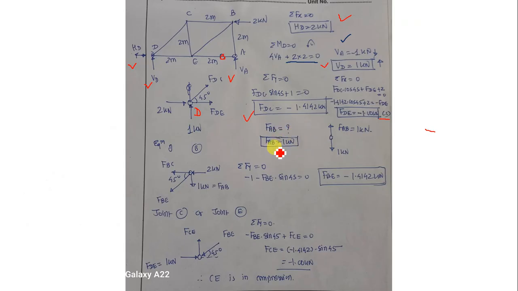To calculate the force in EB we will consider the free body diagram of joint B. So these are the forces acting on B. To satisfy equilibrium, the force in AB must be equal to 1 kilonewton, because AE is a zero force member. To balance this VA, this force must be equal to 1 kilonewton. FAB is equal to 1 kilonewton.